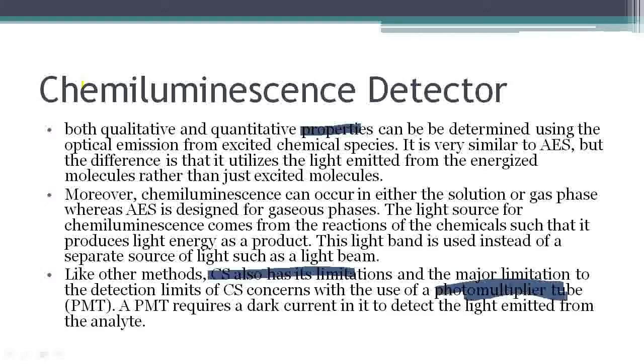What happens in a photomultiplier tube? There are certain cathodes. When an electron strikes a cathode, it ejects another electron, and gets accelerated. So that's the photomultiplier tube for you, and it requires a dark current. You cannot have any kind of light in this.